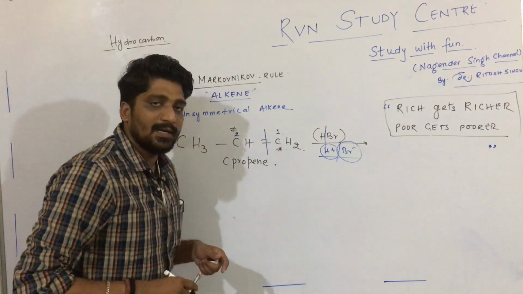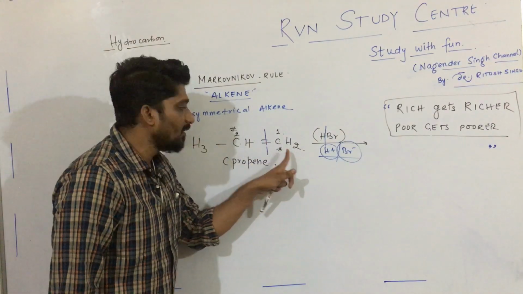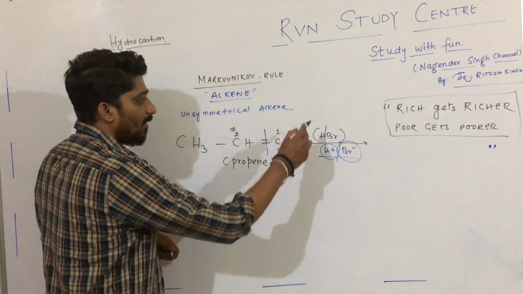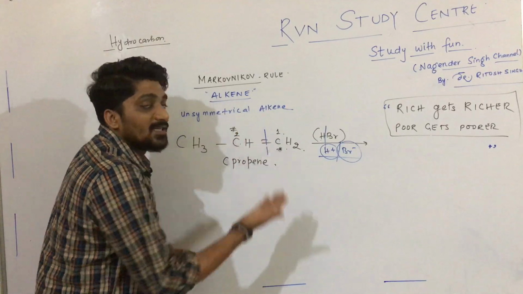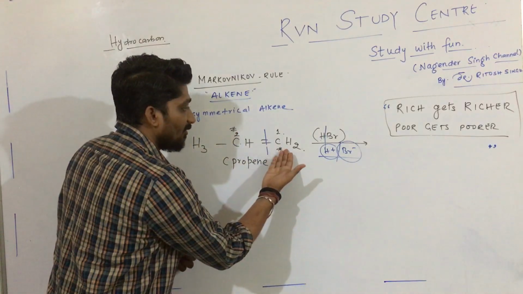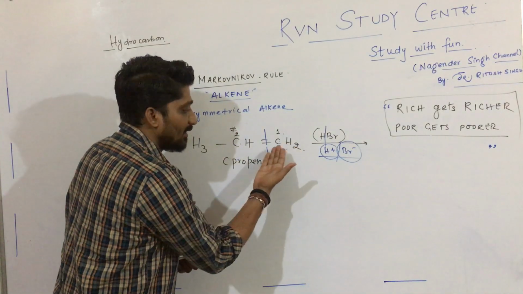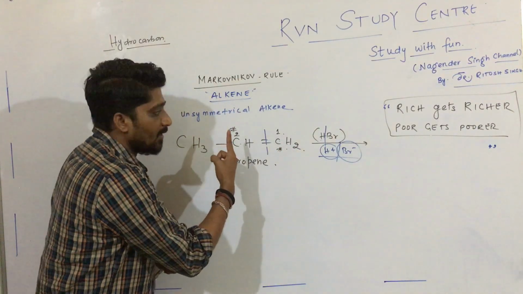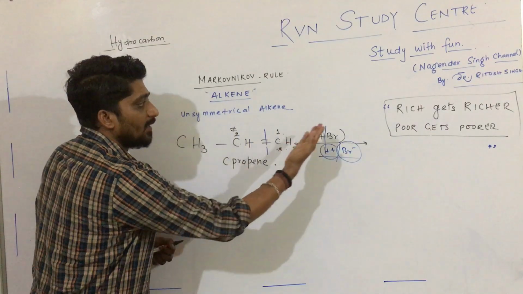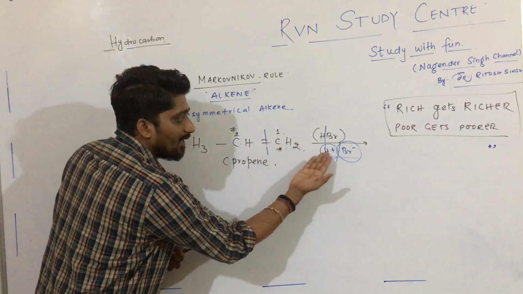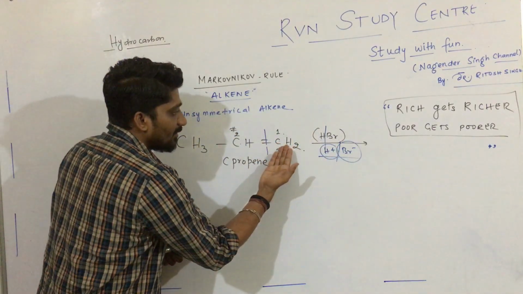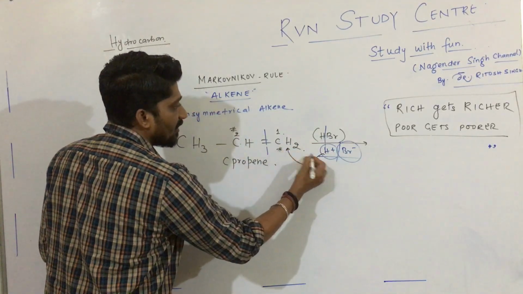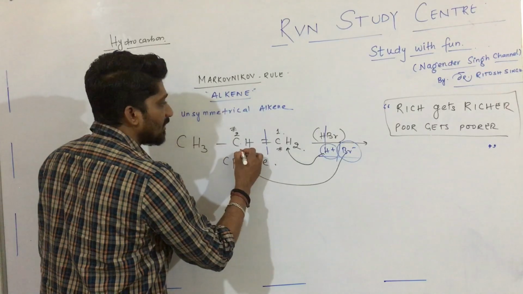Now the bond has been broken; which carbon is richer in hydrogen? The first carbon is richer in hydrogen, because it has 2 and this has 1. It means rich will get richer, so the first carbon will get the H. H will go to the first carbon and Br will go to the second carbon.